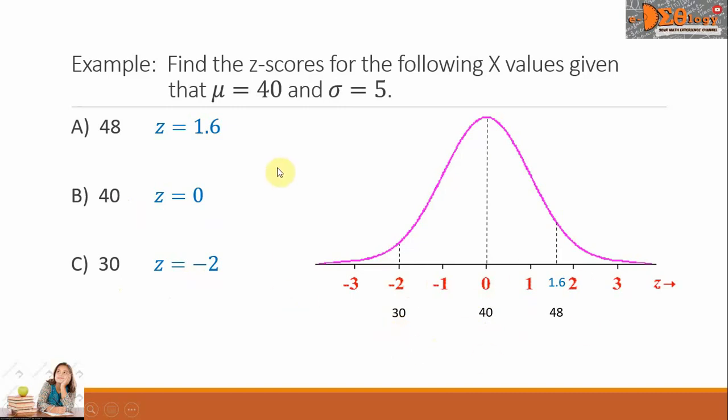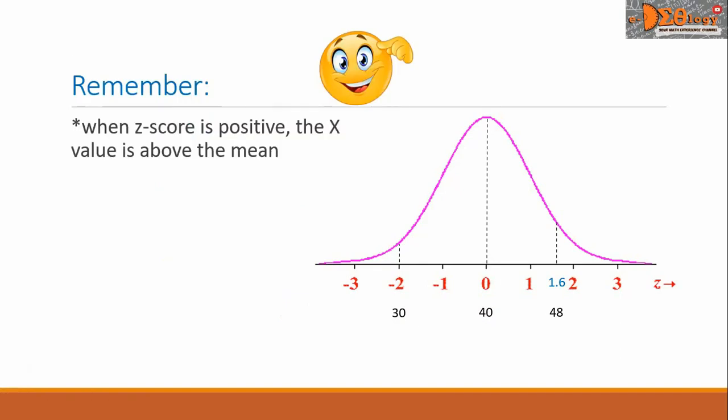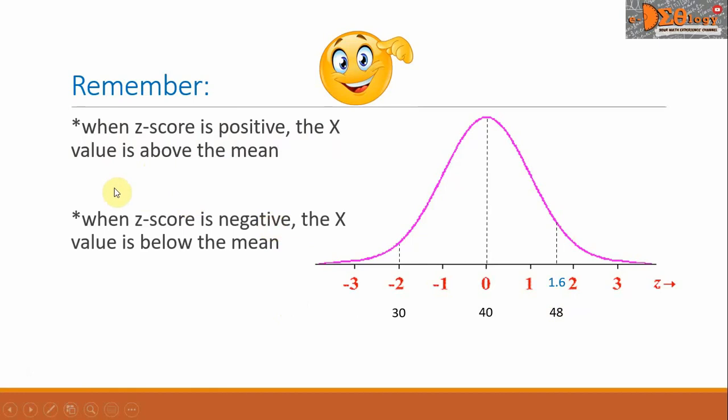With the figure here and with this example, we can deduce some conclusions. So let us remember, when z-score is positive, the x value is above the mean, just like with the number 48. When z-score is negative, the x value is below the mean.